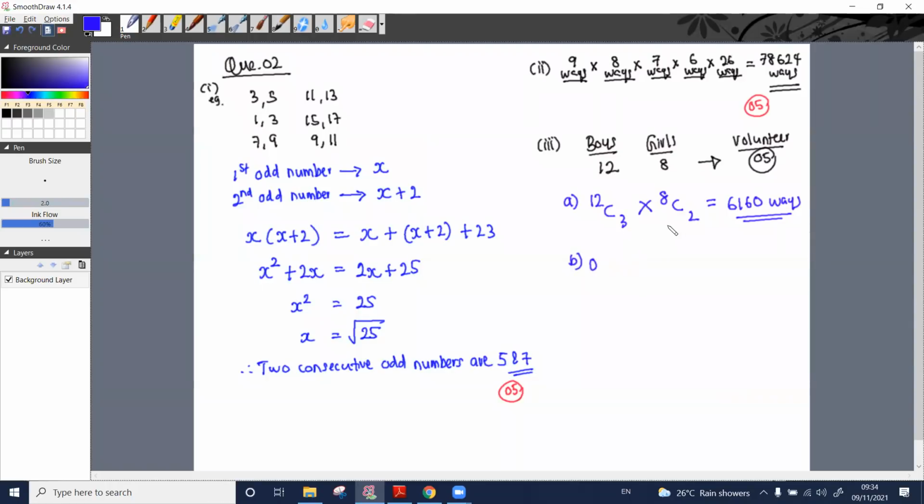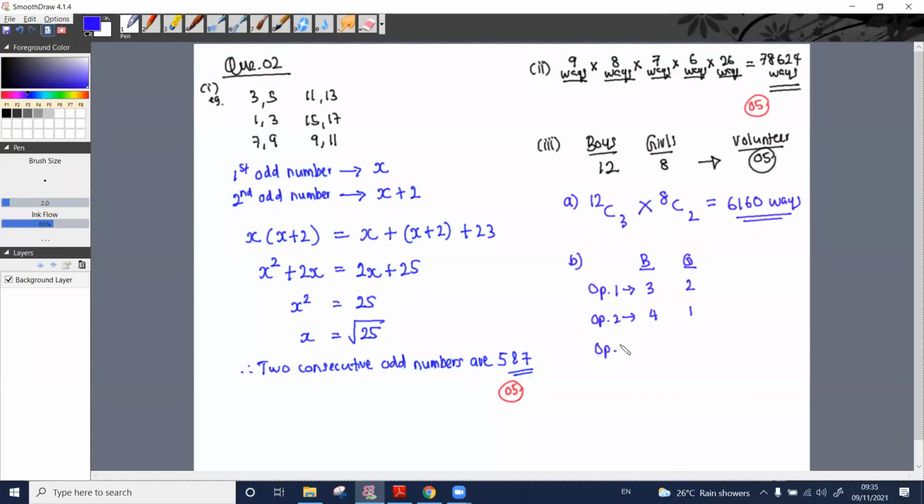If boys are to be the majority, what is the minimum number of boys out of 5? It must be 3 boys, so we can only take 2 girls. What is option number 2? For a majority of boys, we can put 4 boys. If we put 4 boys, we can have only 1 girl in the volunteer group.